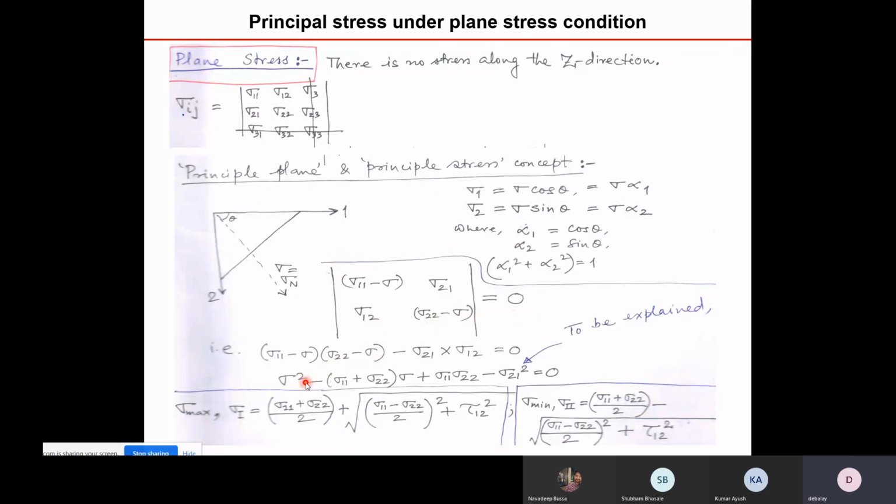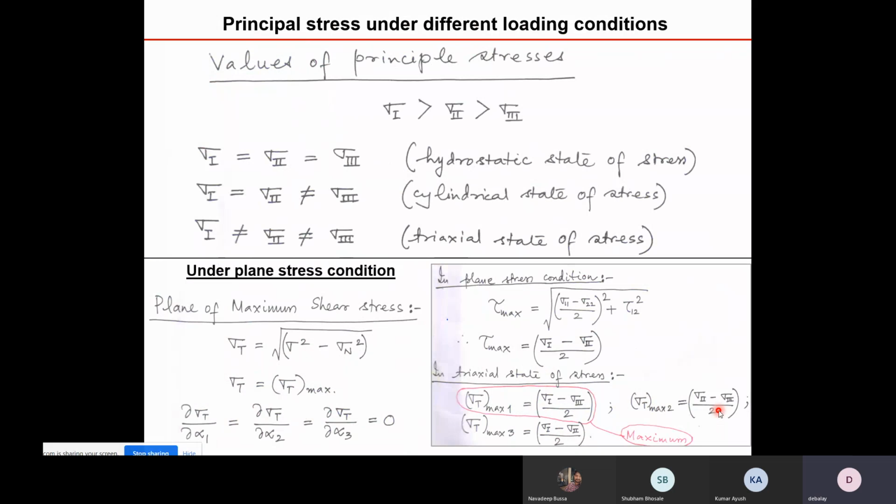This is a square form, so sigma square plus a sigma plus b form it can be written, and using Sridharacharya's formula you can get the two solutions, where the maximum value, plus sign, is taken as sigma Roman 1, the maximum principal stress, and another value is sigma Roman 2, the second principal stress. The third does not exist here because it's a plane stress condition.